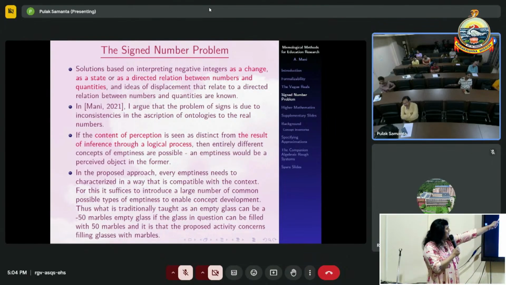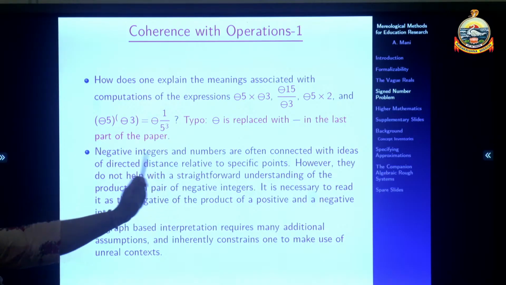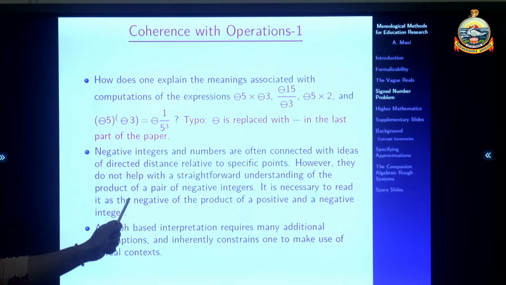And in my 2021 paper, I argue that the problems of signed numbers are due to inconsistencies in the ascription of ontologies to the real numbers in concrete situations. That is reflected in other examples provided in the literature.